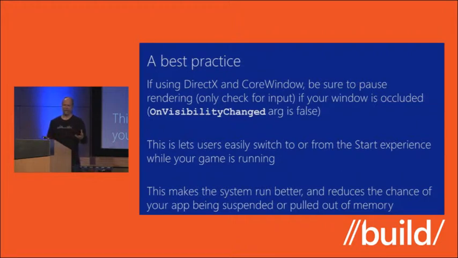A typical example is you fire up an MMO and then you want to fire up a chat client like Skype to talk to your friends while you're playing. If the MMO doesn't let go of some of the resources, as in if it still runs as fast as it possibly can, then it's really hard to launch Skype. So that's the same thing we're talking about now, only in the Metro context. This should just be a best practice. It's a being-polite-to-the-rest-of-the-operating-system scenario.